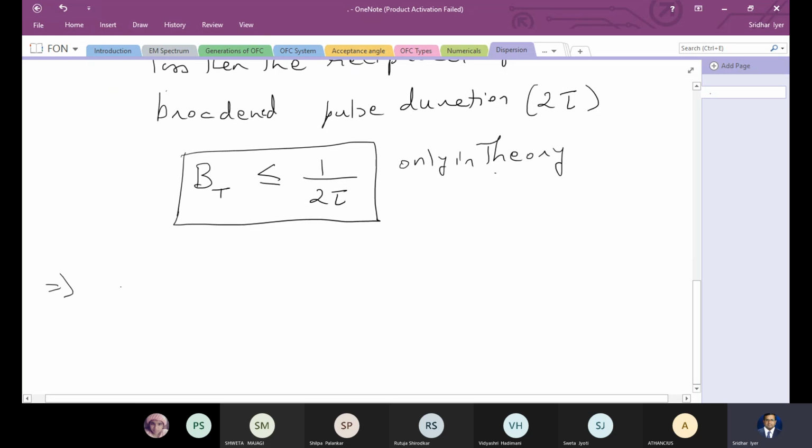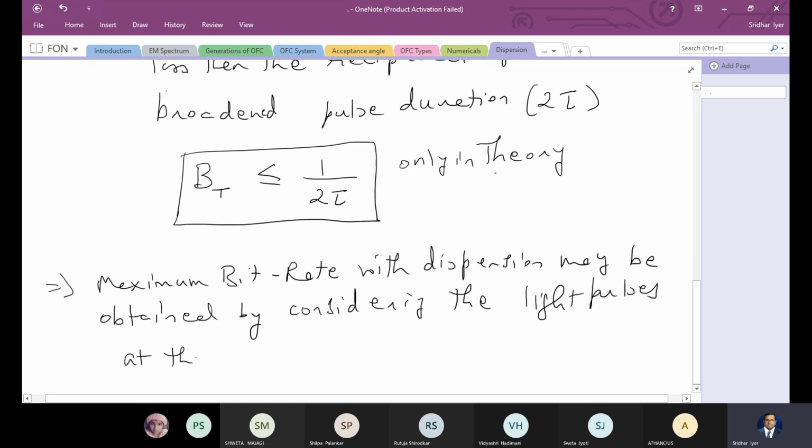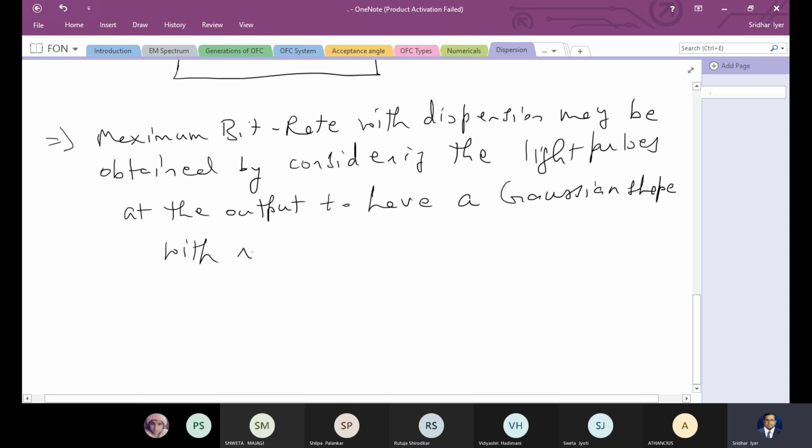And the second point here is that the maximum bit rate with dispersion may be obtained by considering the light pulses at the output to have a Gaussian shape, with RMS width sigma.